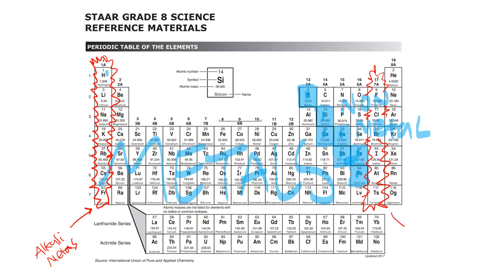The name of the family for 7A, if you remember, is the halogens. So halogens and alkali metals go together. 1 plus 7 will equal a stable 8. They help each other out.